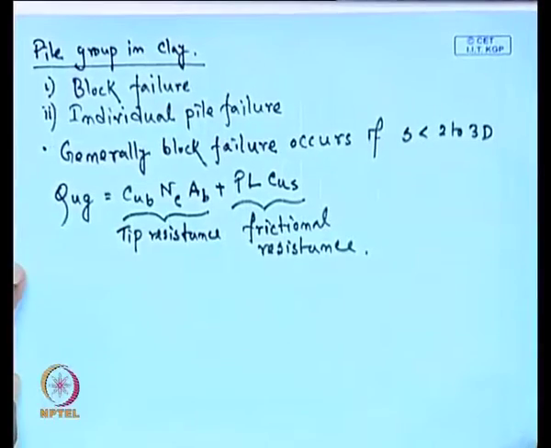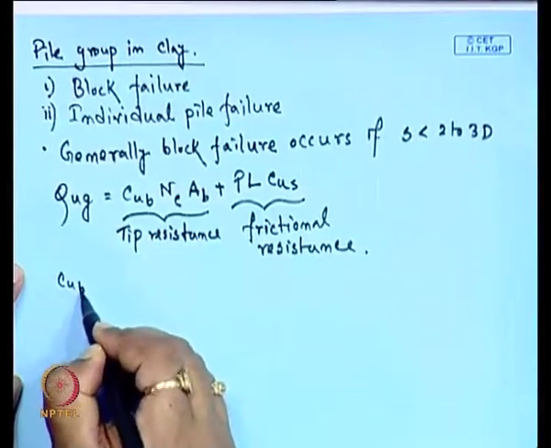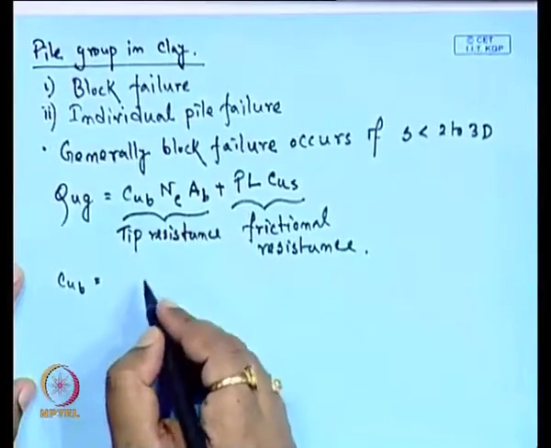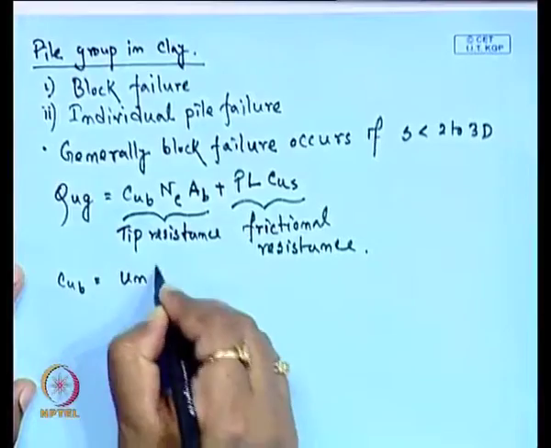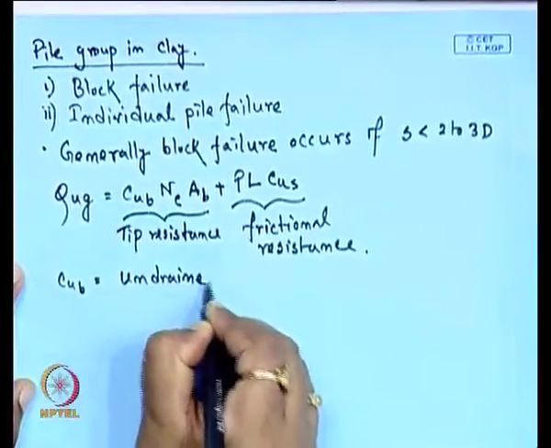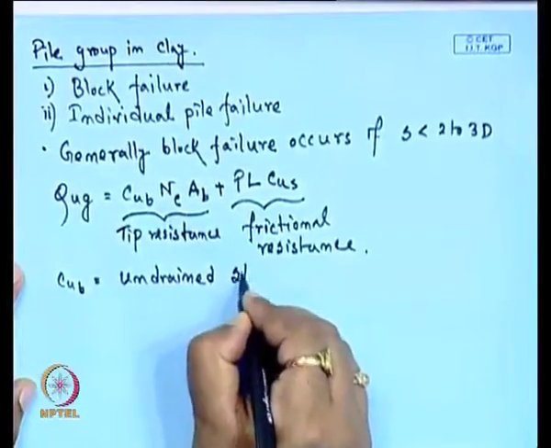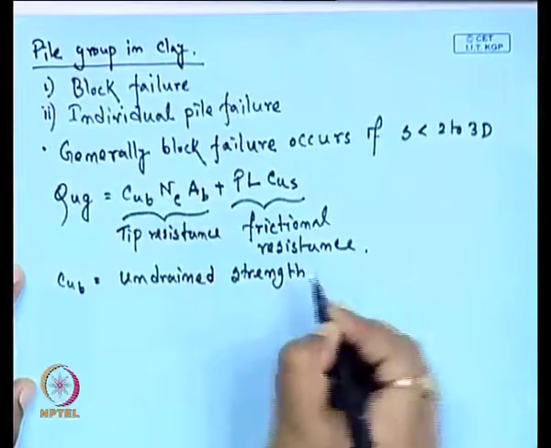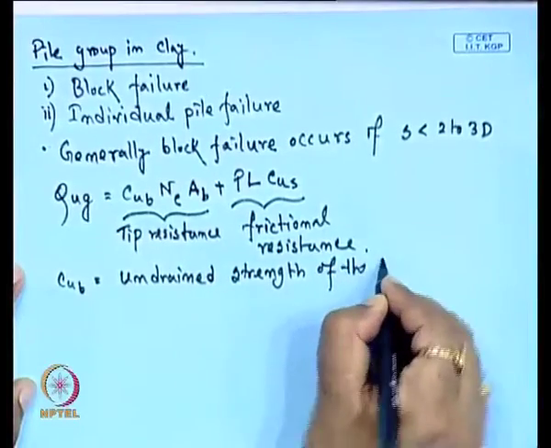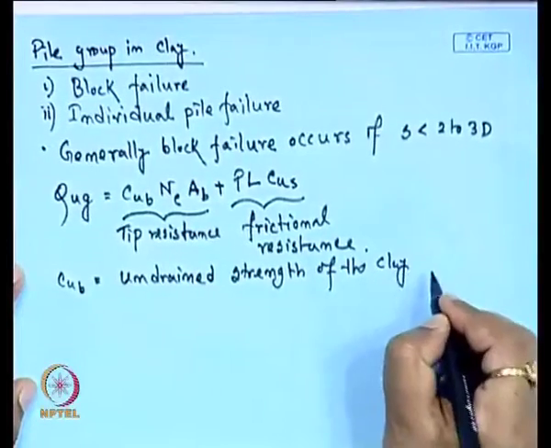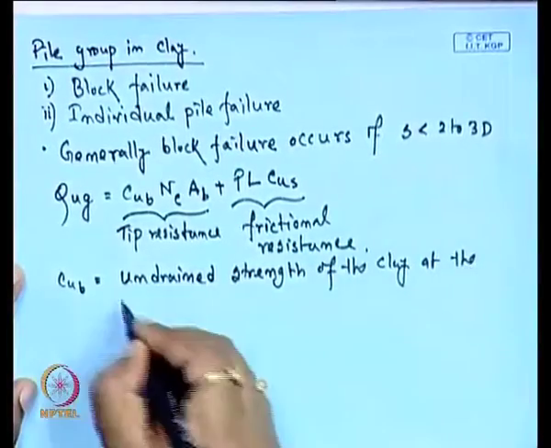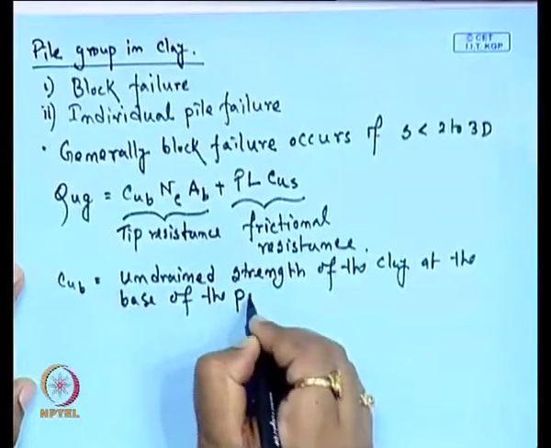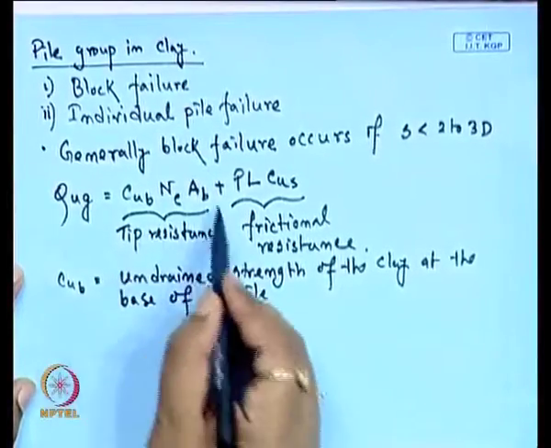Now, C_ub is the undrained strength of the clay at the base of the pile. So, the tip resistance is coming from the base.